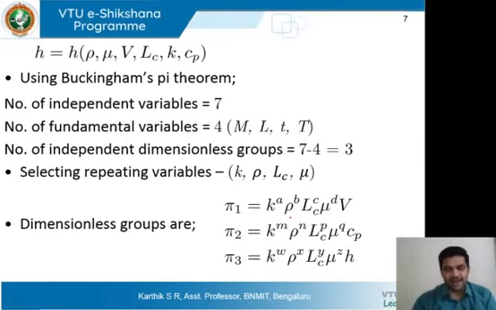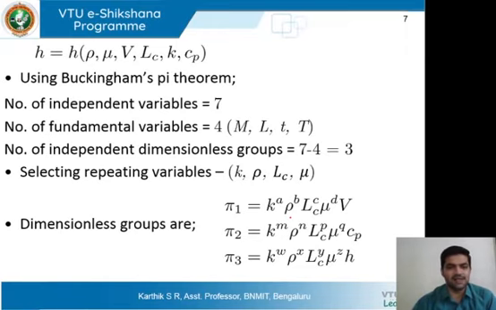Now the function we can write as h is a function of rho, mu, V, L, K and Cp. You are familiar with Buckingham's pi theorem from your fluid mechanics course, so we will be utilizing that.